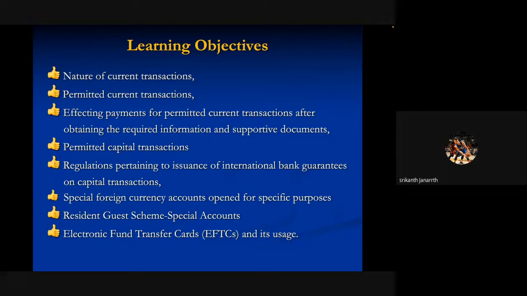Then permitted current transactions. There is a list of permitted current transactions. The central bank has issued a direction listing all the possible current transactions, but that list is not an exclusive list. Somebody can argue that their particular transaction is by nature a current transaction, but it's not listed. That doesn't mean the list is exclusive, because you can't incorporate all kinds of transactions into one list.